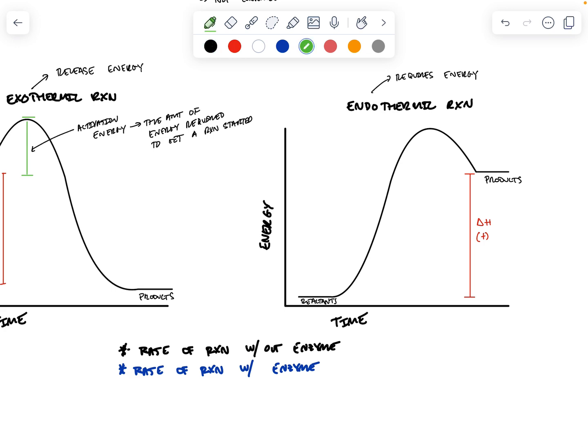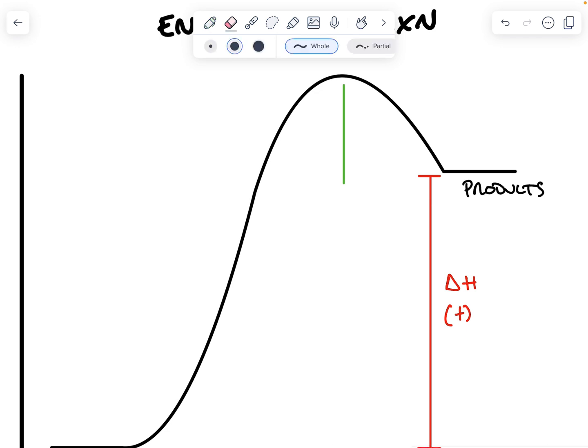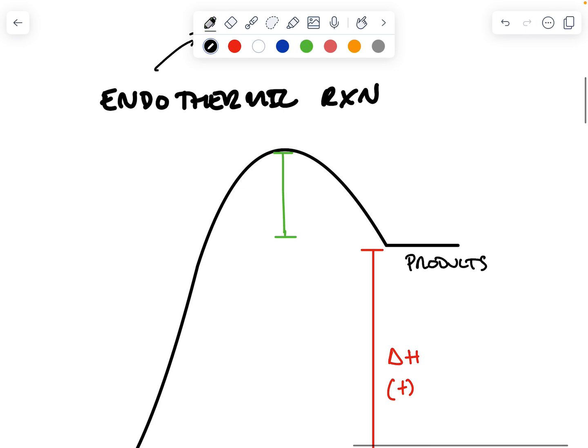We can draw the same diagram here. I made this a little bit too long, where the difference between the peak and the final products is our activation energy.